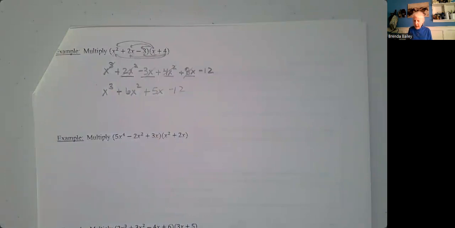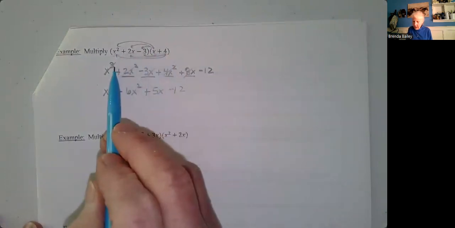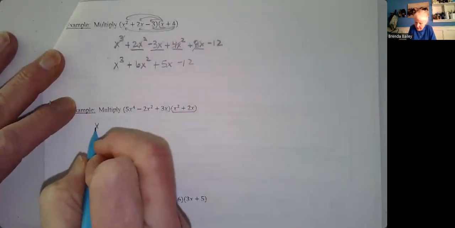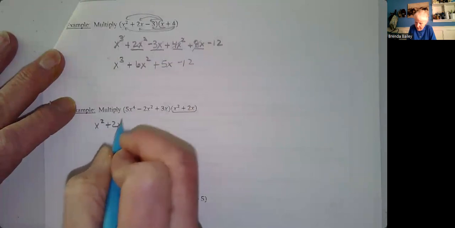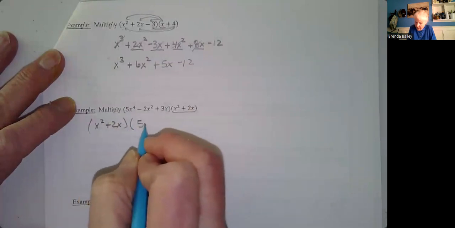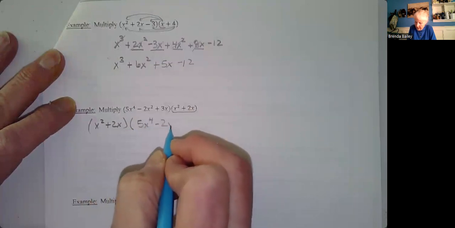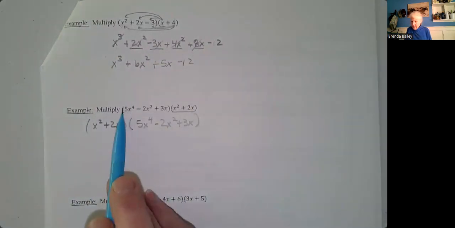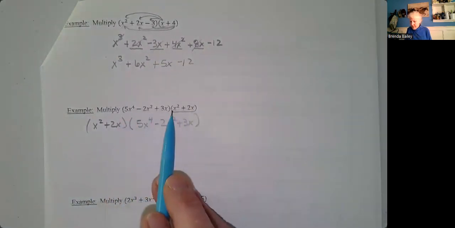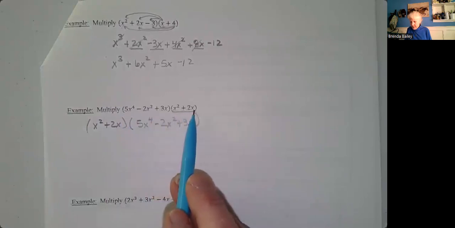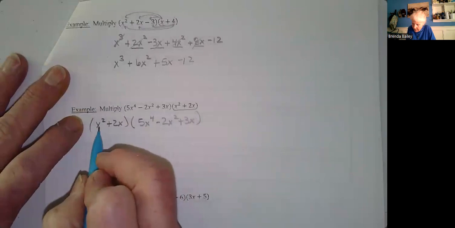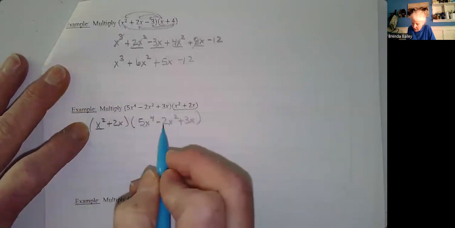Okay, now if you don't like this going backwards, you can rewrite it and put the one with the smaller terms in front. Times 5x to the 4th minus 2x squared. I just rewrote them, because a number like 5 times 3 is 15 and 3 times 5 is too, so order doesn't matter. So I'm just going to switch them. So now I'm going to take this x squared times everything in here.